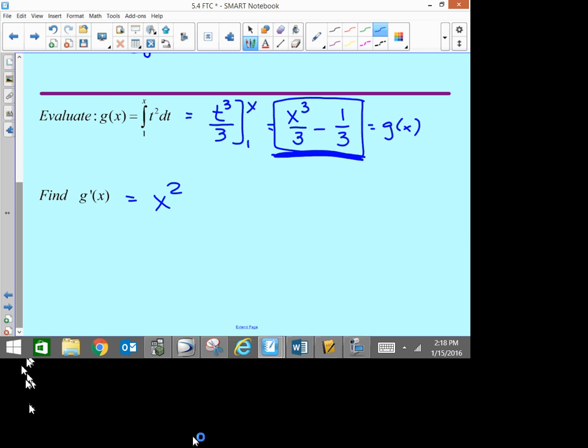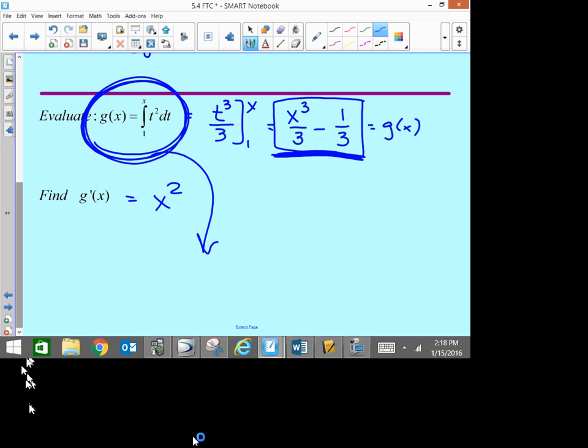Okay. So if I know that, and all I really need is G prime of x, can I just put this in here and be done with it? Okay. But again, it's that whole, okay, wait.